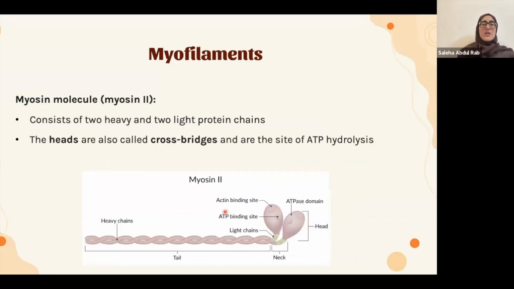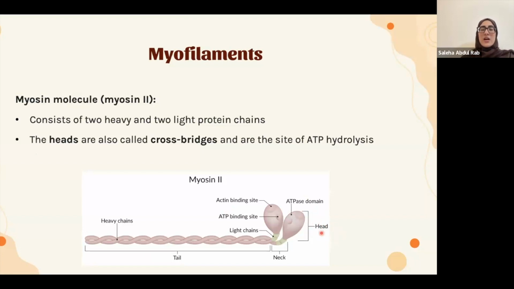Okay, so now let's move to myosin molecule. Oops, sorry. Okay, myosin molecule consists of 2 heavy and 2 light protein chains. You don't need to know what the light protein chains are, but you do need to know essentially one component, which is the head of the myosin molecule.